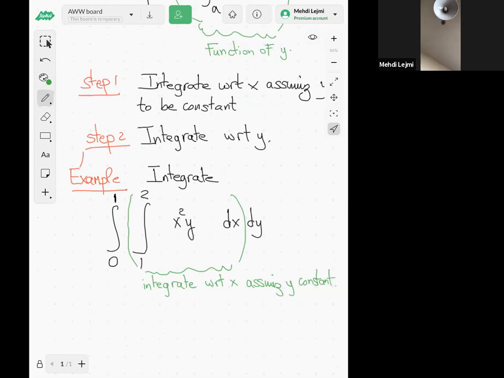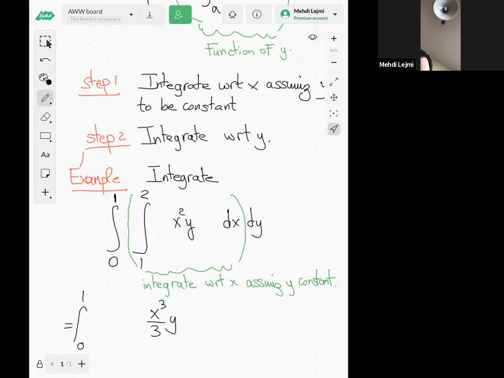Well, y is a constant, so we just integrate the x squared. Of course, the integral of x squared is just x cubed over 3. You keep the integral from 0 to 1 outside, and the y is a constant, so I'm just going to keep the constant y.